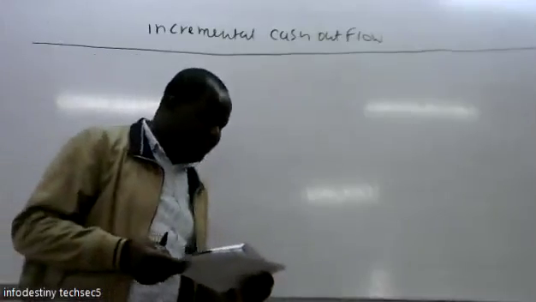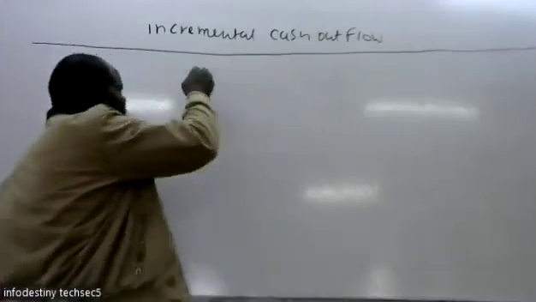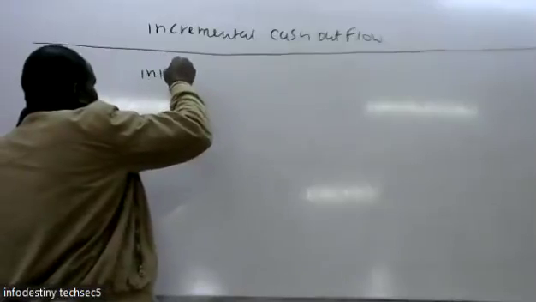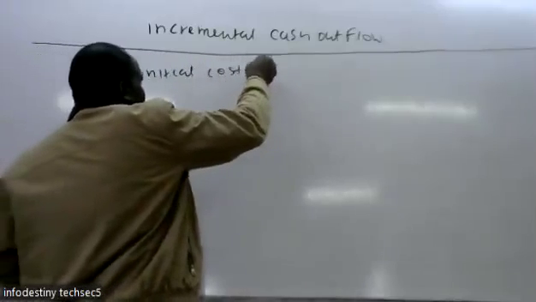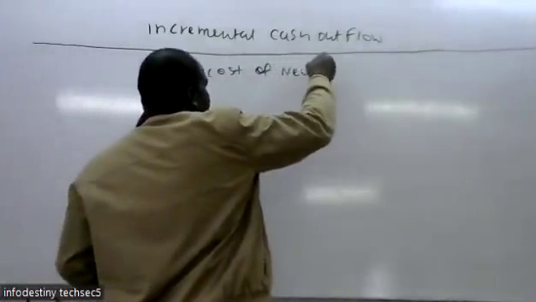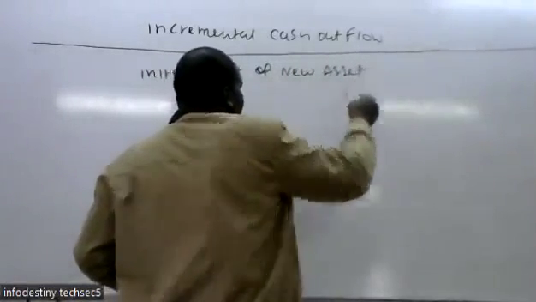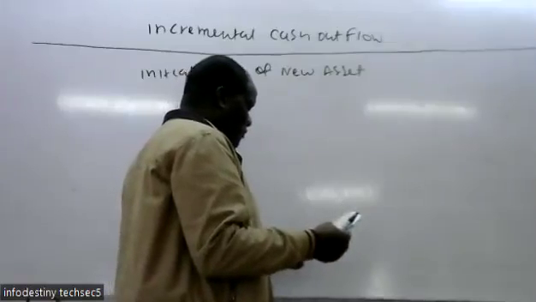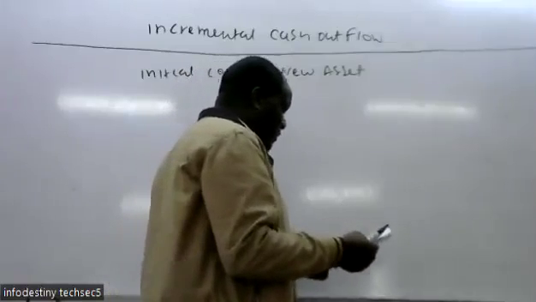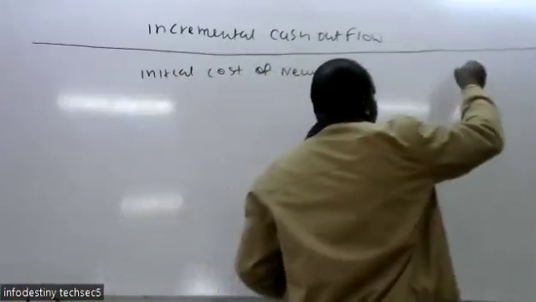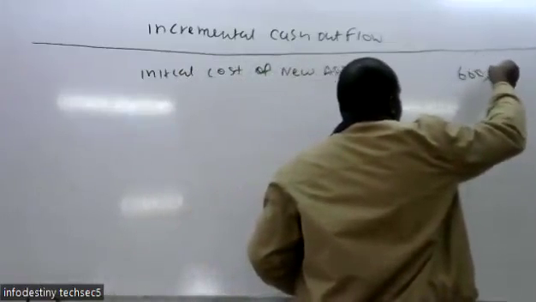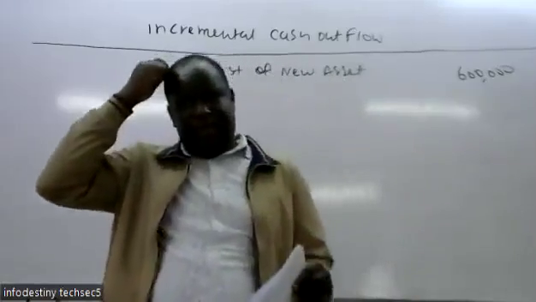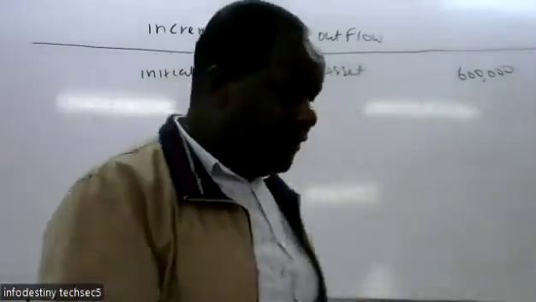So the initial cost of the new asset is meant to be 600,000.